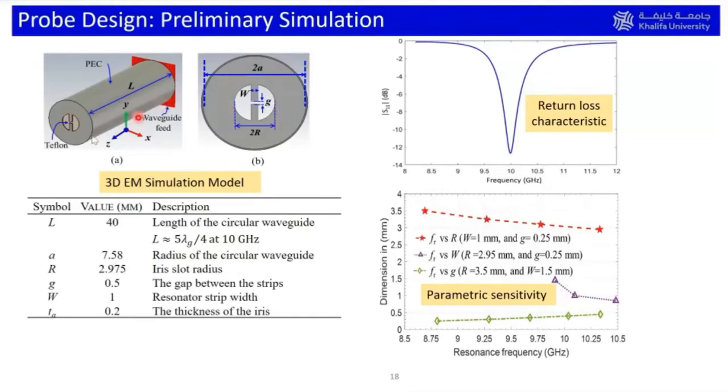Once we placed our iris over it, we found that the probe basically resonated at one frequency. This is the return loss characteristic of this probe. We also optimized the dimensions of this probe, starting with the lambda by 4 assumptions.